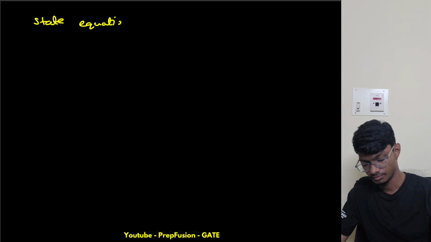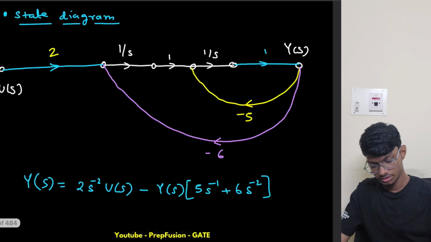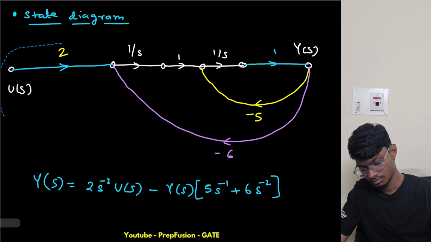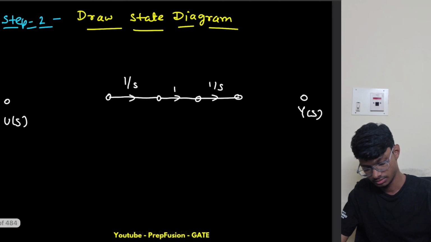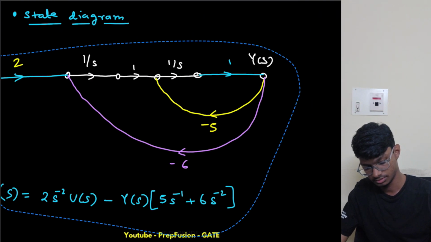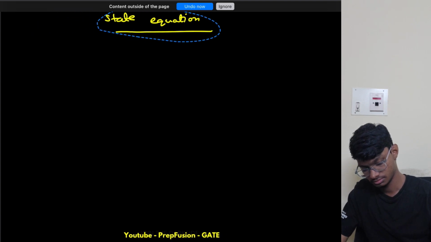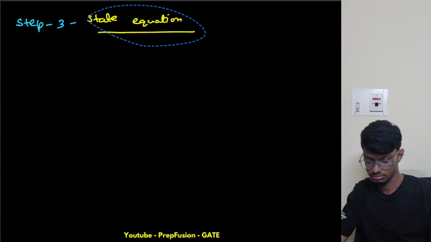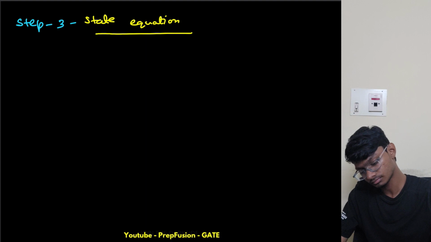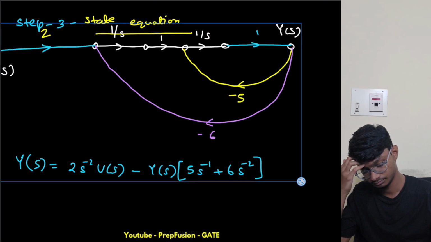So this time again I will assume state variables. This was step 2, right? State equation is step 3. Okay, so let me paste this over here.